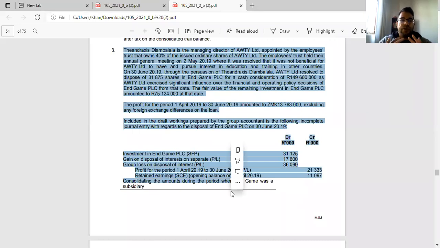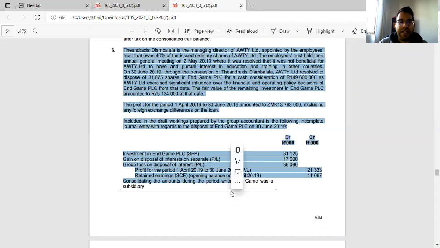So remember, a quick background on the scenario: the group accountant completed the consolidated trial balance. However, the only thing the group accountant could not do was bring in the foreign operation.